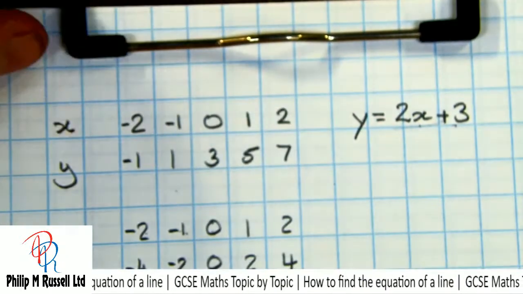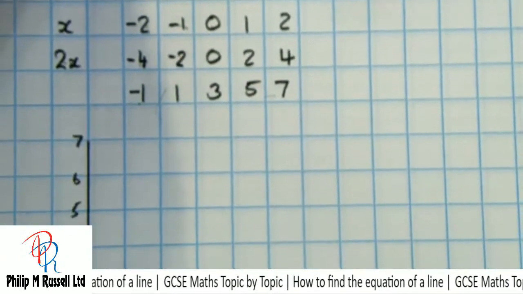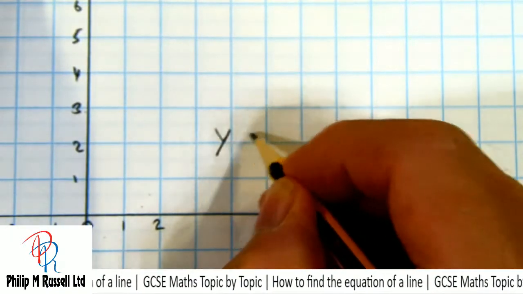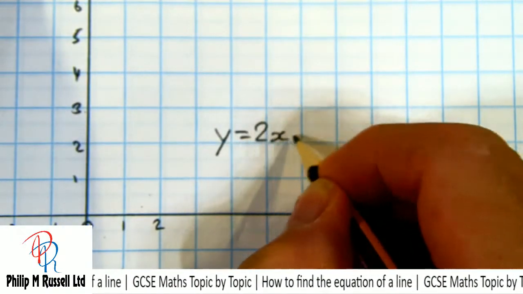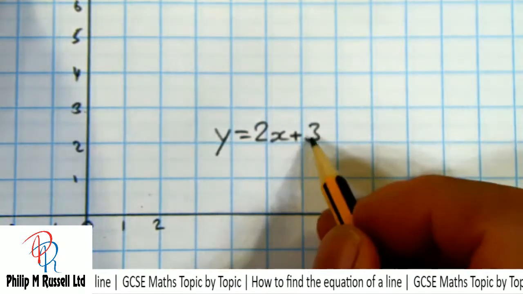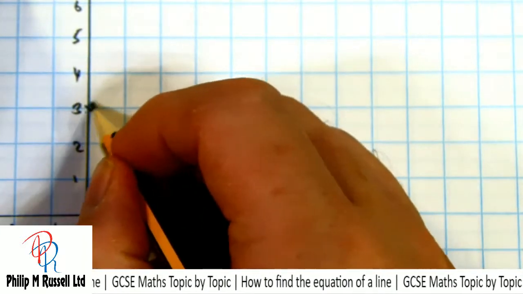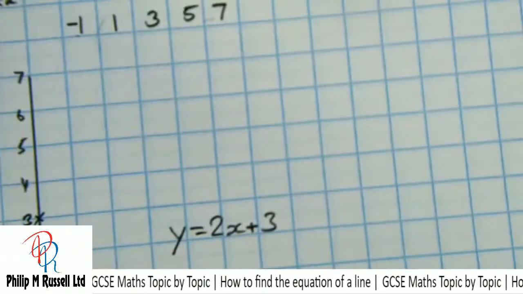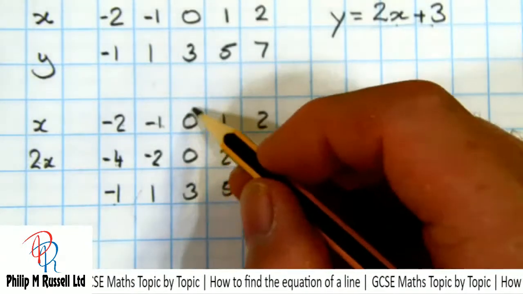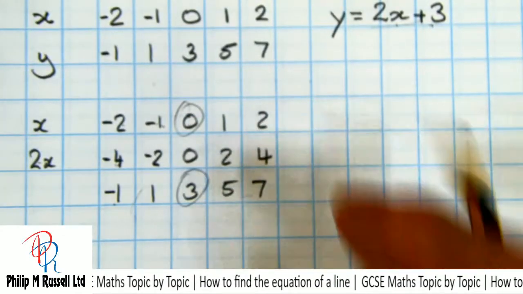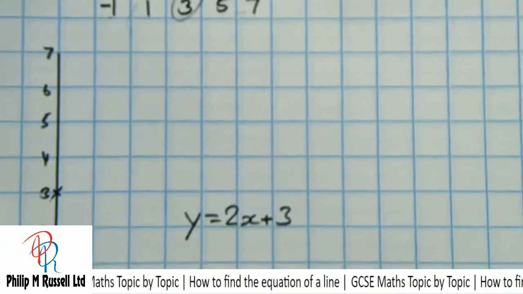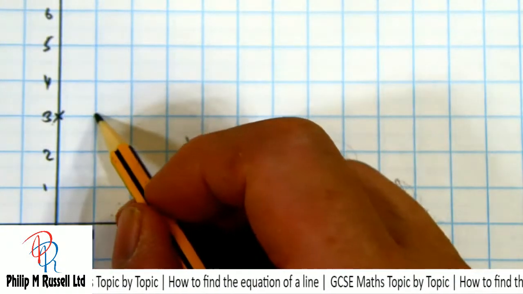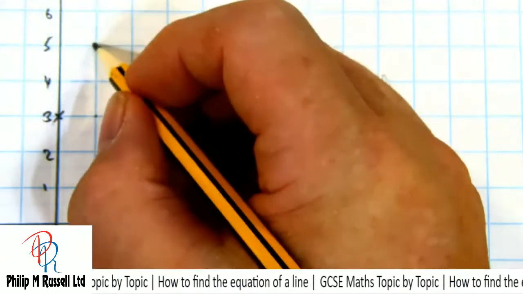I can either plot all these values, or I could just do this. So let's have a go at just doing that for a minute. My graph is y equals 2x plus 3. It's going to cross then at plus 3. And in fact that corresponds with our numbers that we've got. When x was 0, y is going to be 3. And it's 2x. That means we go along 1 and up 2.